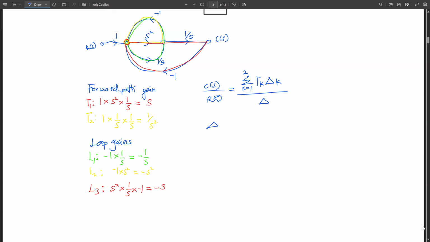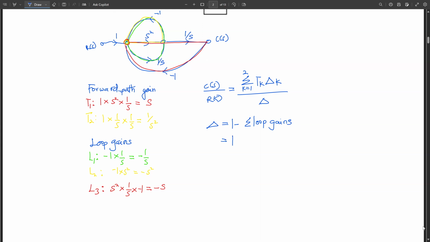We know that delta is 1 minus the summation of loop gains, plus the summation of non-touching loops. But since you have none here, I like to omit it for now. So 1 minus the summation of the loop gains.